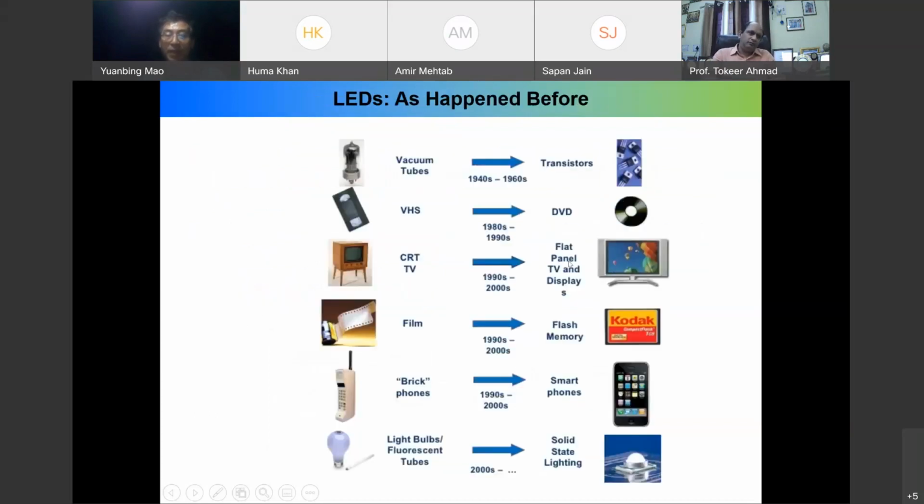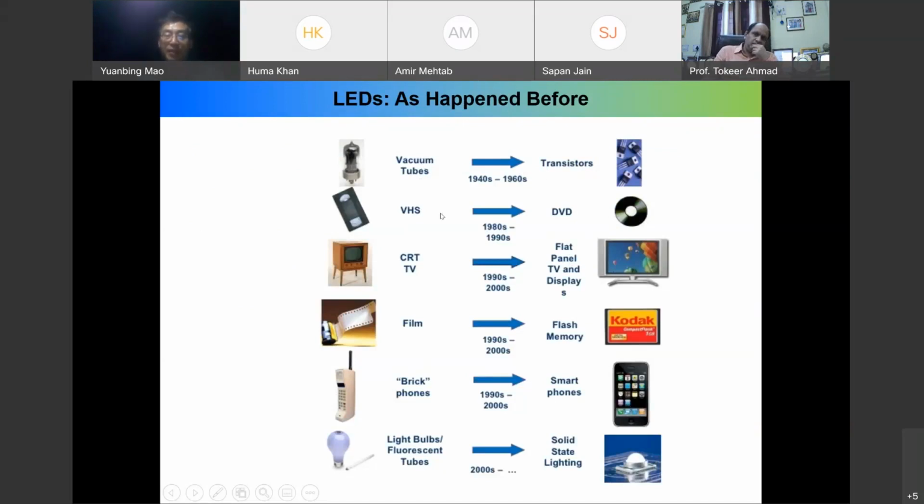One important thing about this is getting back to why LEDs could be a big deal. Remember, for the transistors in our computers and laptops, you start with vacuum tubes.